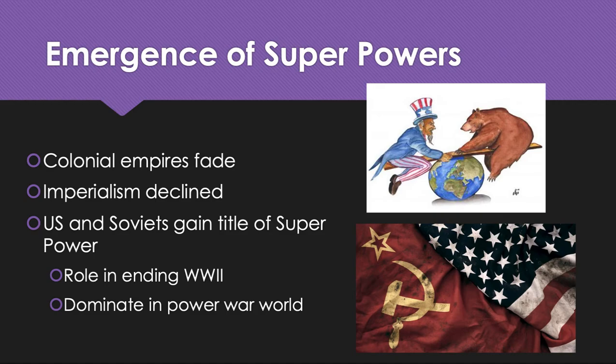The reason these two countries are the ones that gain the title of superpower is because of their role in ending World War II. They are going to be absolute powerhouses. They're going to dominate in the post-war talks. They're going to be the leader in the post-war world.